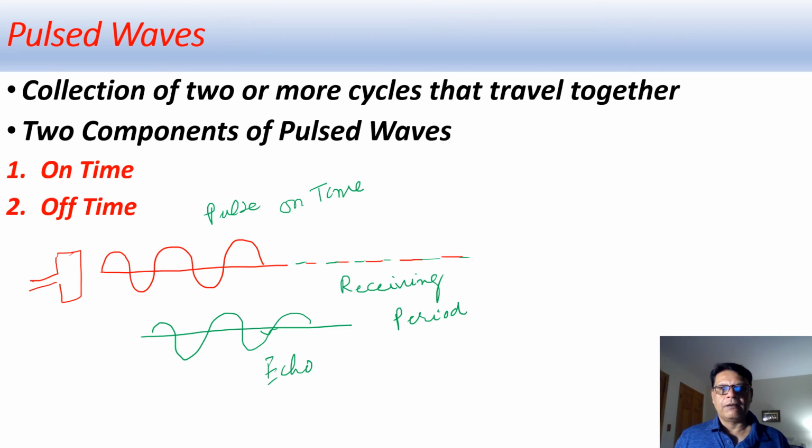In this period, it receives the echo from this pulse. And this silent period or receiving period is also called off time. So after sending a pulse, the transducer waits for the echo. When it receives the echo, it produces the next pulse.